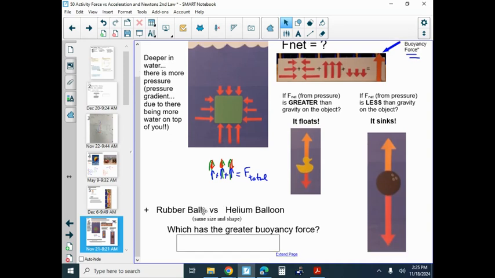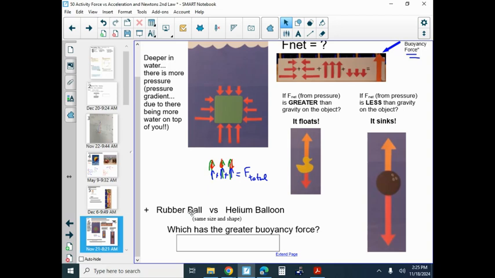So if you look at a rubber ball, like a dodgeball or a basketball, a rubber ball of some sort, in comparison to a helium balloon, if they're the same size and shape, which one has the greater buoyancy force? It's a bit of a trick question because this one floats, this one falls. But the actual buoyancy force would be the same.